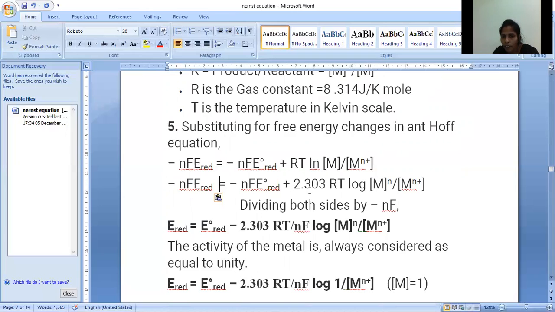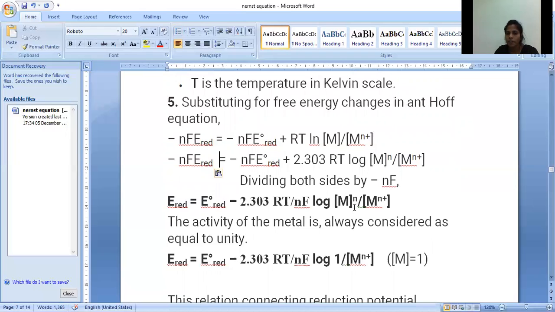But since we are dividing by minus nF, plus into minus becomes minus: minus 2.303 RT by nF log M to the power n divided by M n plus. So finally, E red is equal to E naught red minus 2.303 RT by nF log M to the power n divided by M n plus. This is the general Nernst equation.